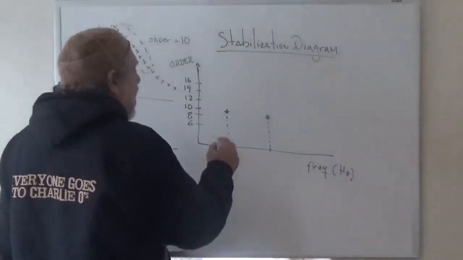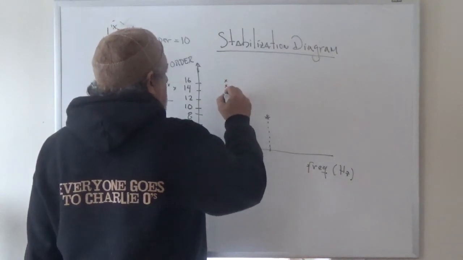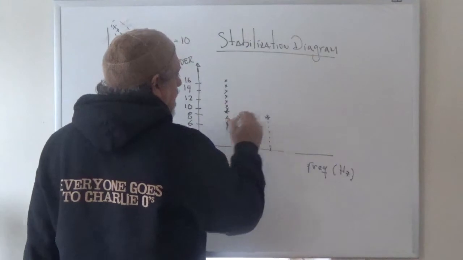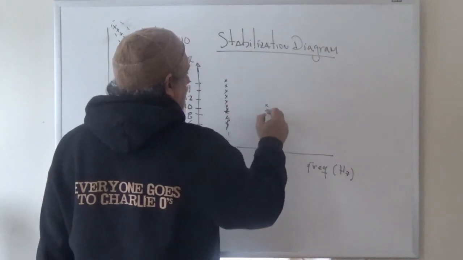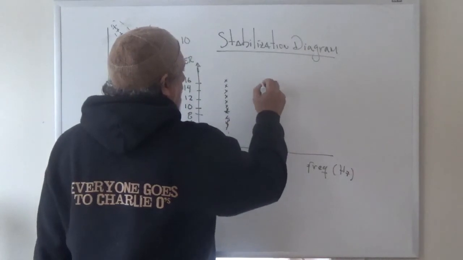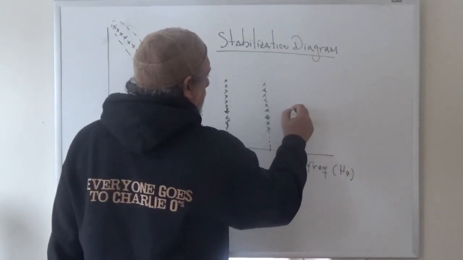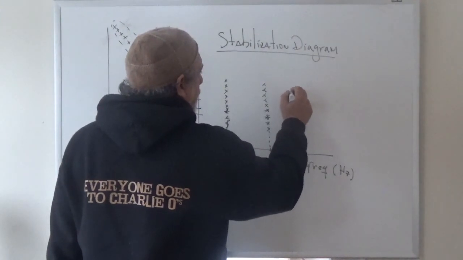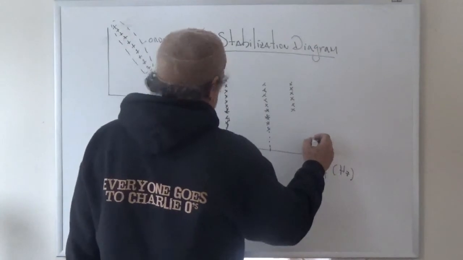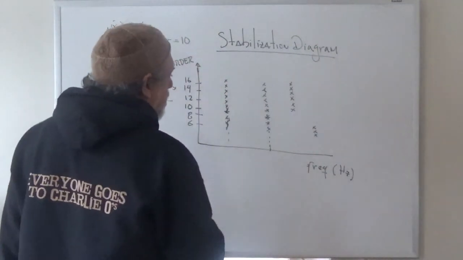So if we do that, we will get a plot, and maybe the plot will be like this. And then maybe over here we find, and then maybe here we find something like that.